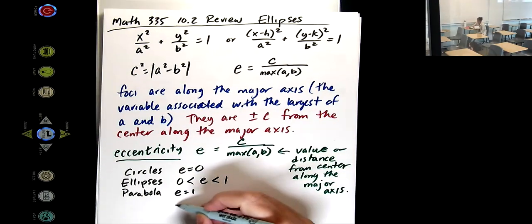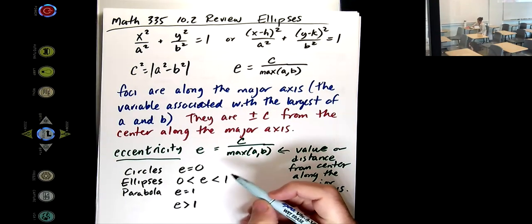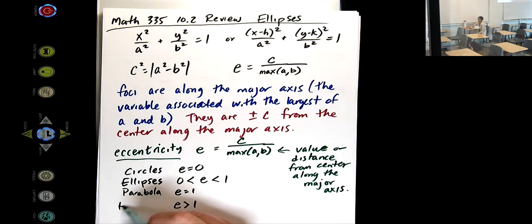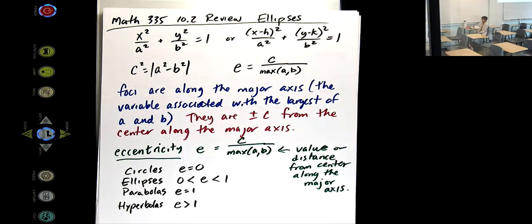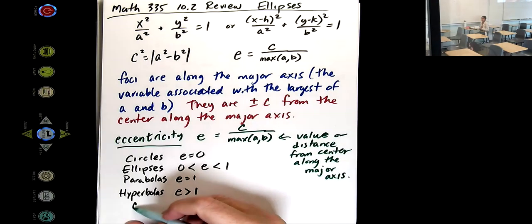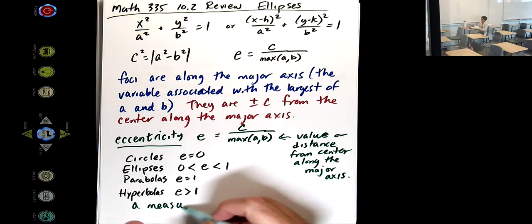And as we'll see later today in the next section, E greater than 1 is going to generate hyperbolas. And eccentricity is a measure of roundness.